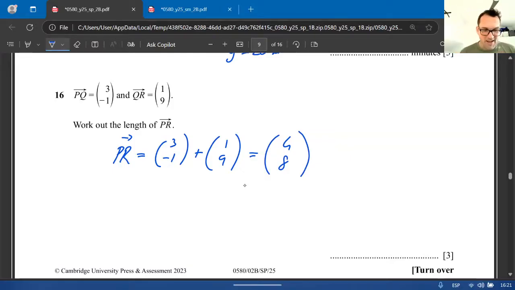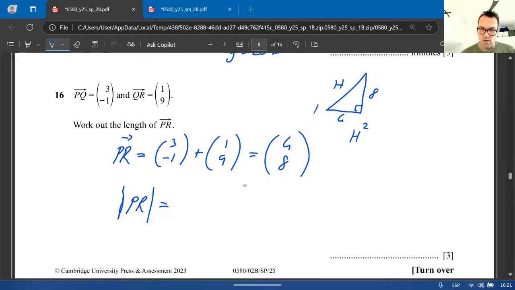If you want to write the length, it is indicated by these 2 lines, the absolute value, which is positive. Okay, we need to do Pythagoras. Remember Pythagoras: the hypotenuse squared. Remember this is 4 and 8, so it's hypotenuse squared, or in this case PR squared. PR squared equals 4 squared plus 8 squared, or if you move the square to the other side, it is the square root of that.